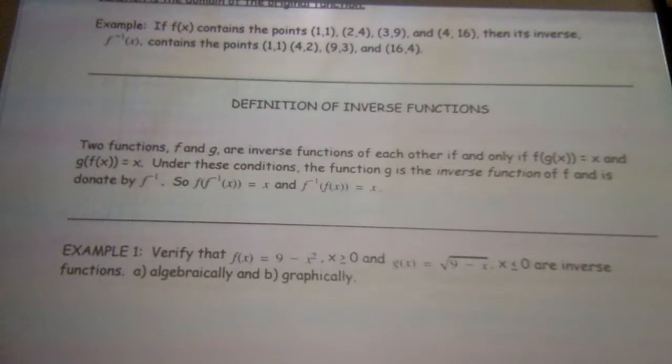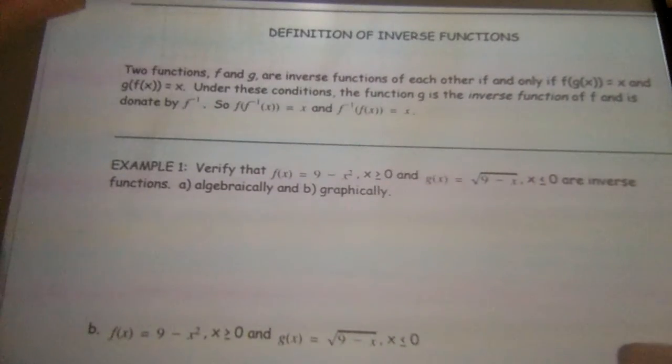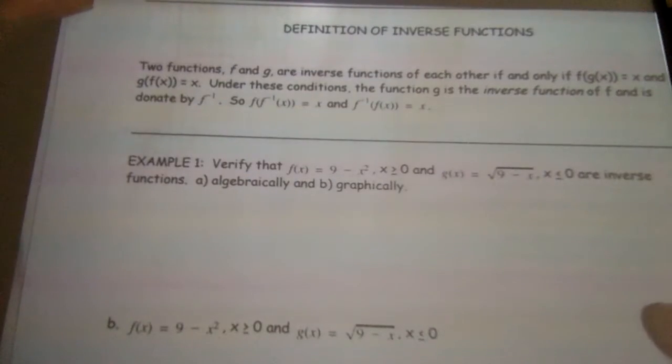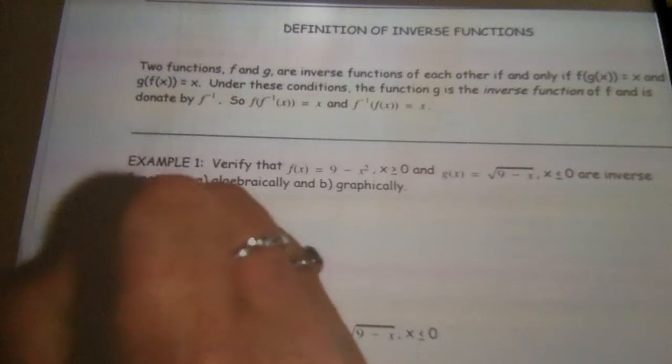Verify that f of x equals 9 minus x squared, where x is greater than 0, and g of x equals the square root of 9 minus x are inverse functions, both algebraically and graphically. So A, how do I do it algebraically? Well, we find f of g of x.